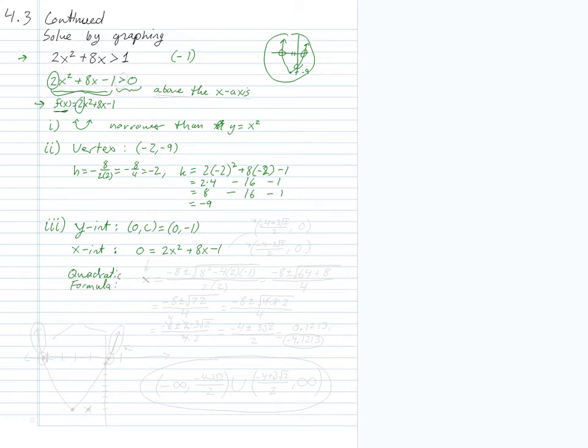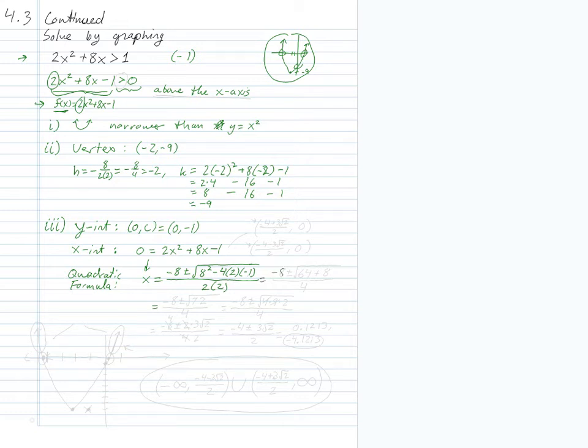Which tells me that x is equal to negative 8 plus or minus the square root of 8 squared minus 4 times 2 times negative 1, all of that divided by 2 times 2. So there's b squared, 4ac, all over 2a. And now we're just crunching numbers.